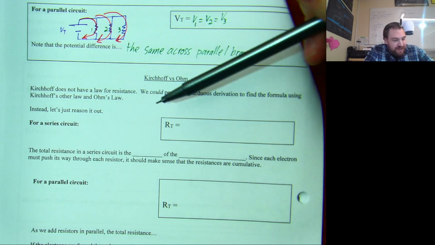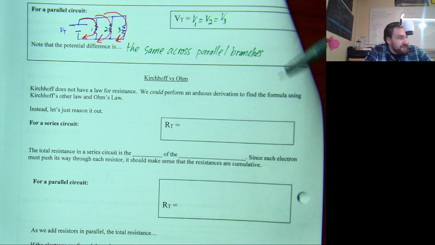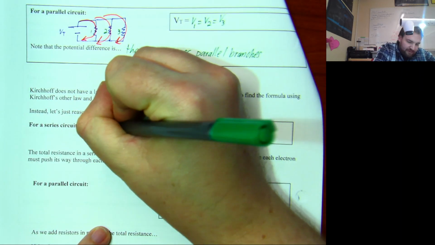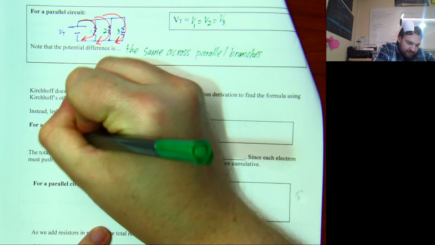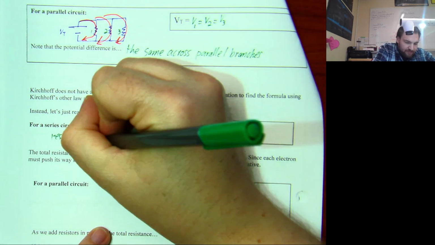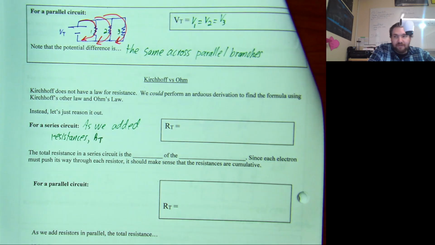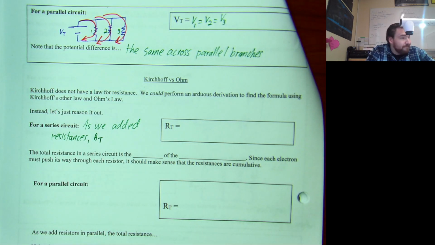For a series circuit, as we added resistances, what did that do to the total resistance of my circuit? As we added resistances, our total did what? What did you guys find out?